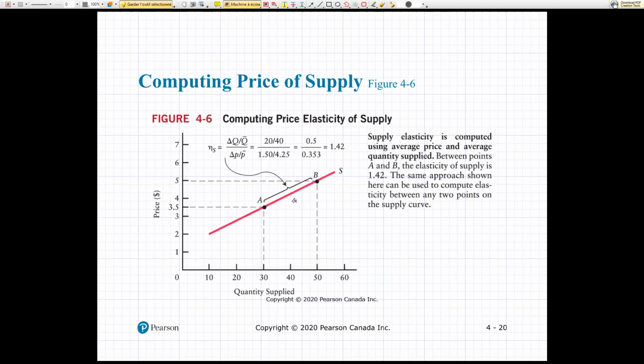Here again, what they are going to ask you is to take the average of both points, probably. So you see that the average quantity was 50 plus 30 divided by 2, for instance.